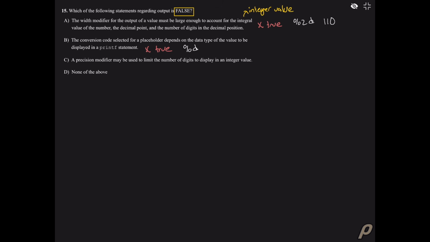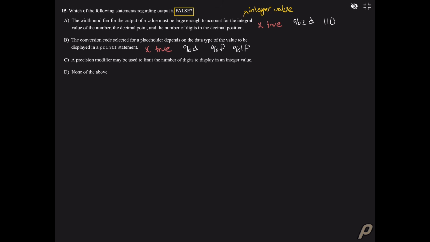So when you do %d in a printf statement, the d is what is considered the conversion code. But this is going to be different for a float. A float is going to use something like %f, and then a double, I believe, is going to use %lf. So as you can see, the data type, which is going to be an integer, a float, or a double, does matter, as the conversion code depends on it, since there are different conversion codes for all of these data types. So this is indeed true.